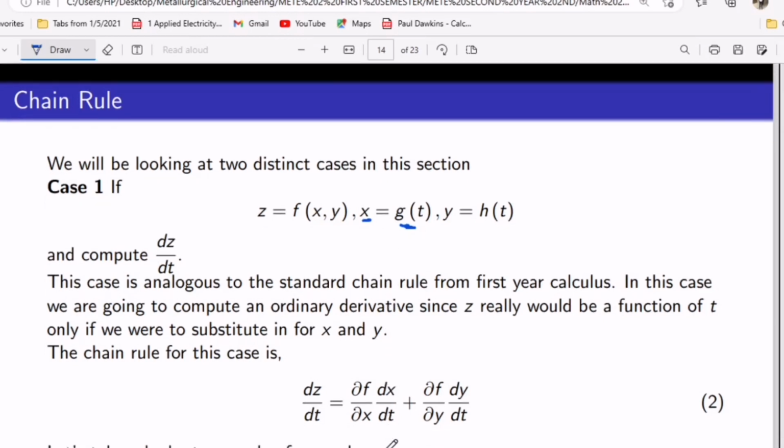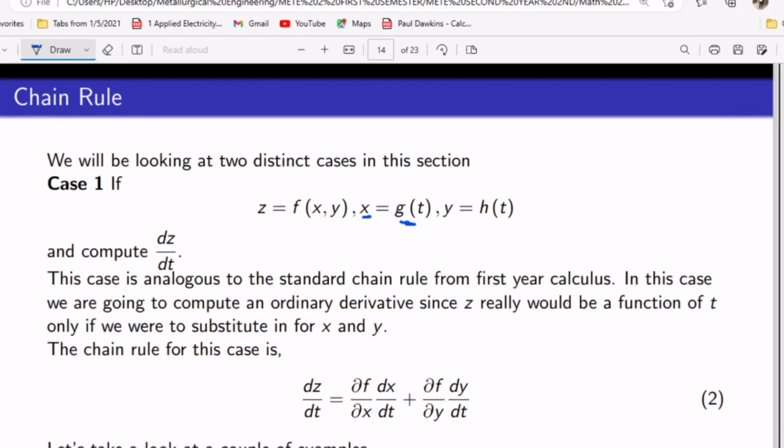Let's see how we're going to do it. For us to find dz over dt, you take the function z and partially differentiate it with respect to x. Then take the function of x and differentiate it.